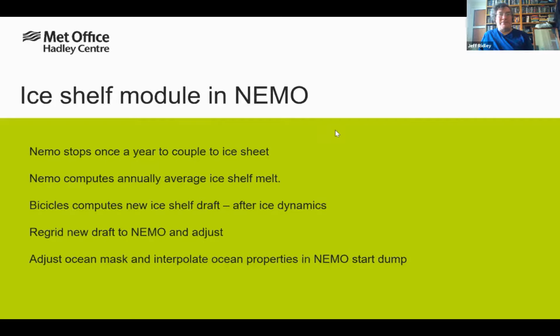Then you regrid back to the NEMO grid, and you have to do some adjustments to the ocean mask and NEMO start dump before the ocean is restarted. Any change in grounding line, for example, without these adjustments will mess up the ocean and cause it to crash, because the ocean requires that the perpendicular velocity at the grounding line has to be 0. If you just move the grounding line, then it's non-zero.